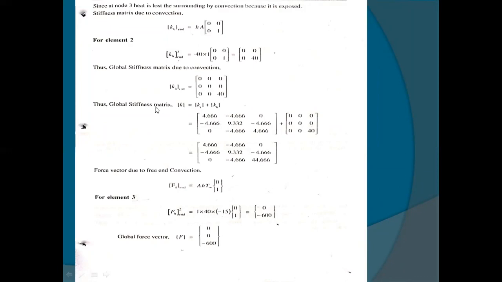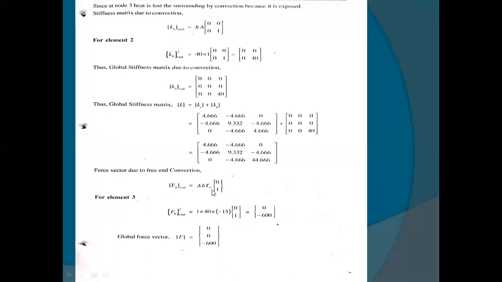Now we add them: the total stiffness matrix is equal to the stiffness matrix of conduction plus the stiffness matrix of convection. Now the stiffness matrix is over. Then we have to calculate the force matrix. We know the formula, force vector due to free end convection is equal to A h T infinity times [0 1].